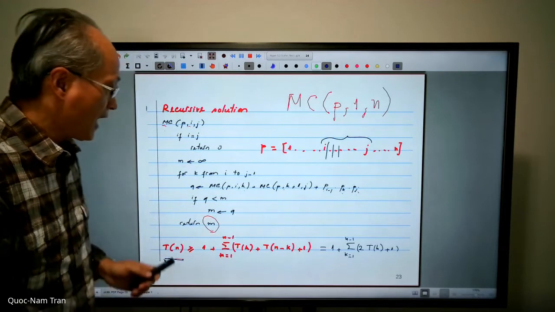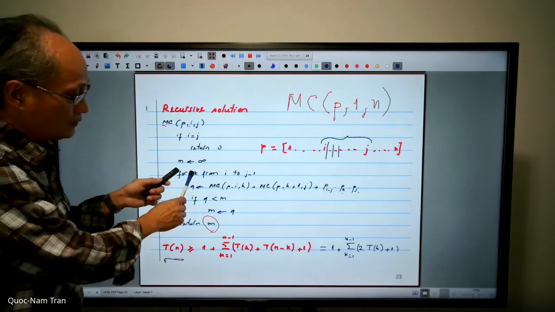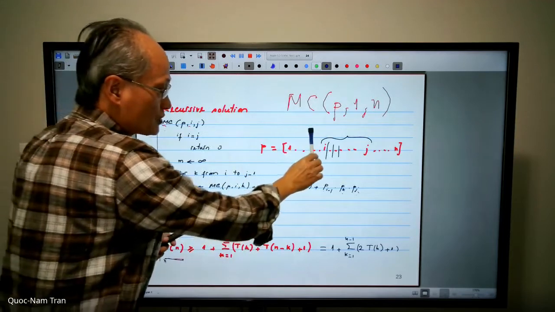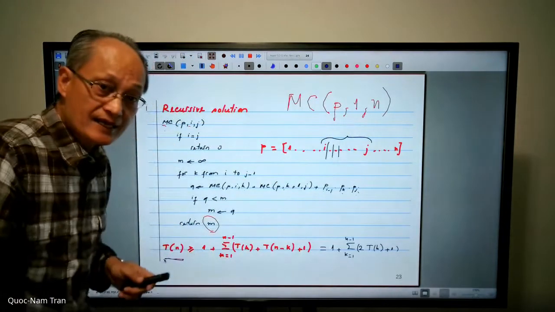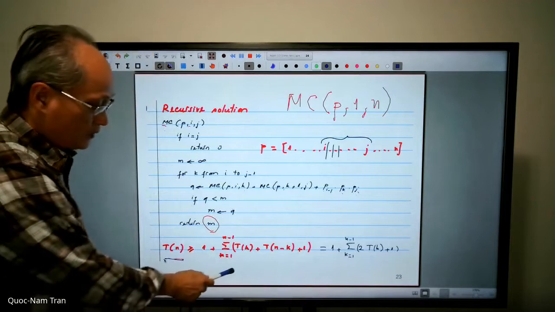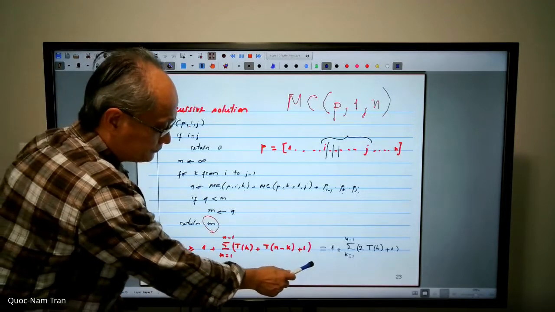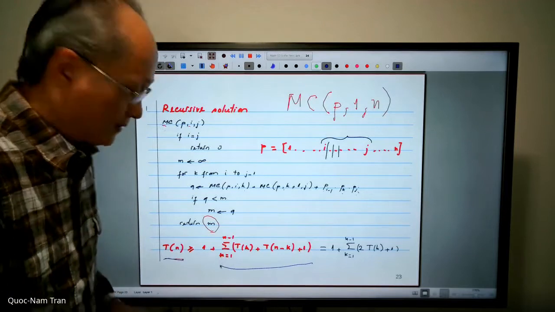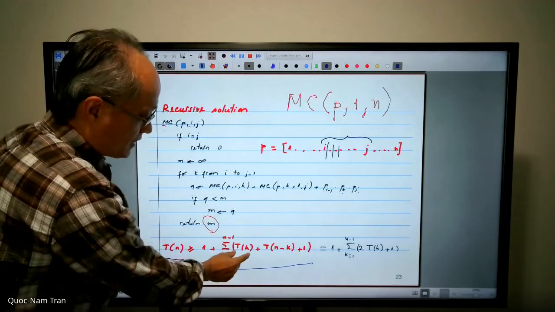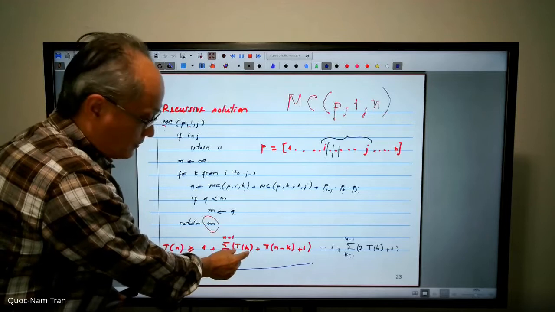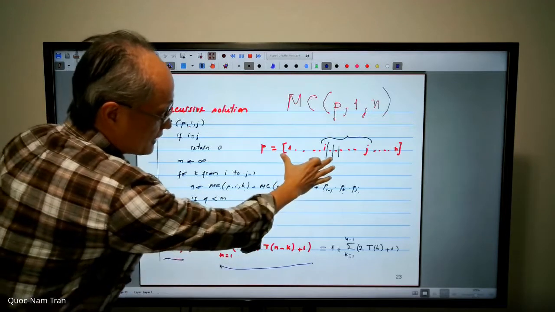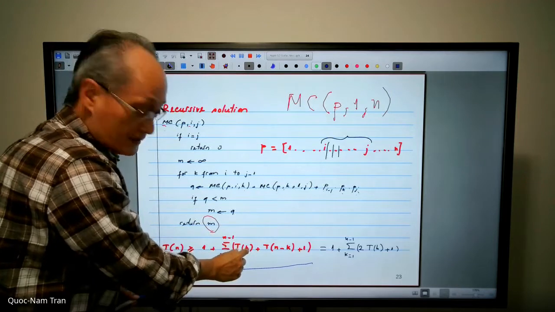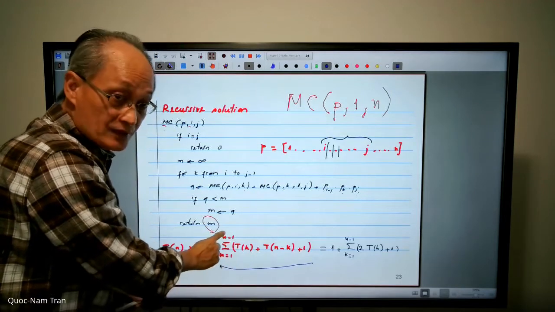After that, we have to go through every possible way to partition. So it will be the sum of finding the optimal solution for the first k elements, that is Tk, for k from 1 to n minus 1.